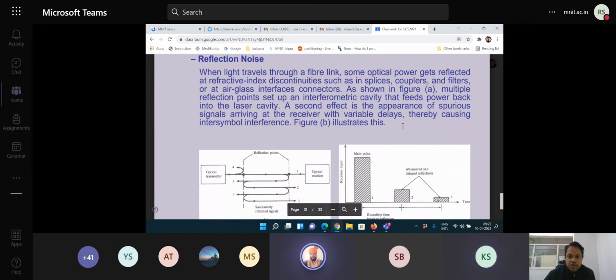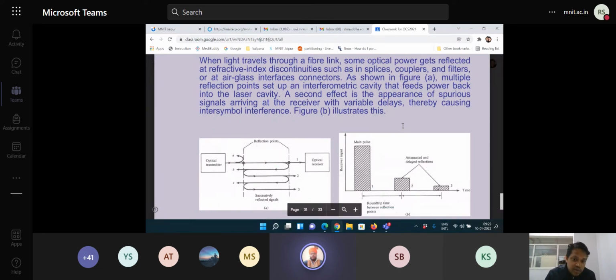And there is reflection noise. Reflection noise, when you have a system wherein you have a transmitter, an optical transmitter, and a receiver.